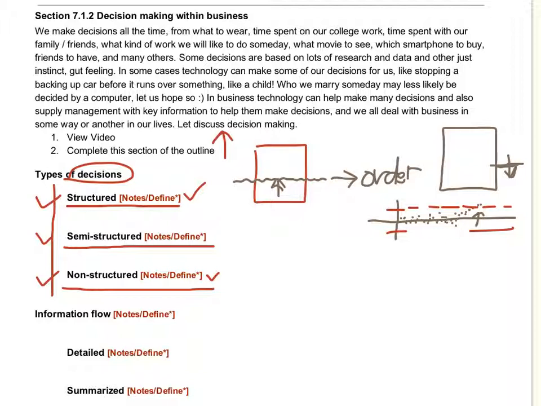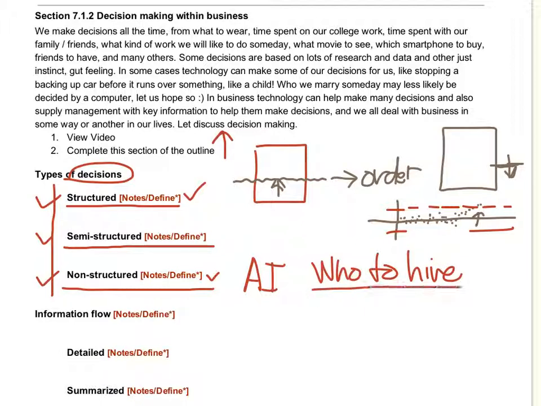When we get to non-structured, we talk a little more about using artificial intelligence to help us make non-structured decisions. Like the final decision on who to hire. It might be quite a bit non-structured. You're going to use data, are they qualified, and some structured things. They have to have a degree in a certain thing. So the structured part might be easy.